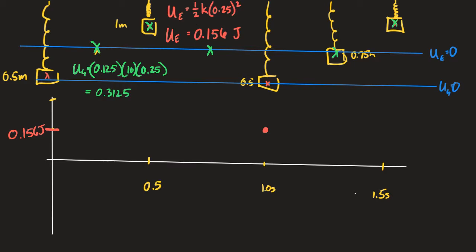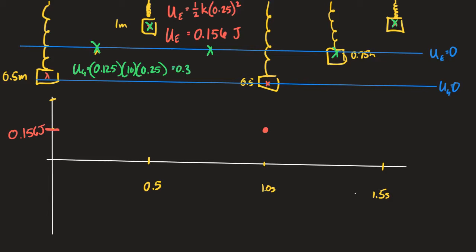So that means any place on the blue line where there's a green X, the only energy the object has is gravitational potential energy. I've got to move this because I don't have space. So put over here 0.